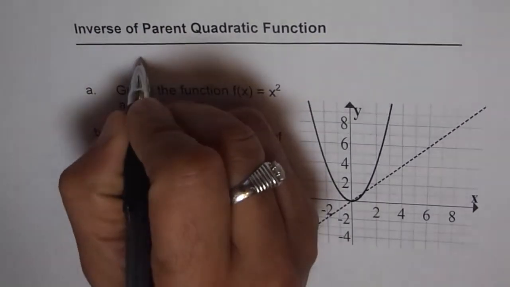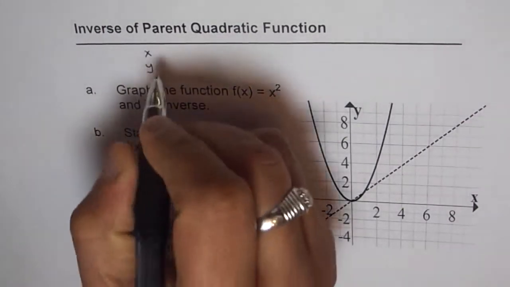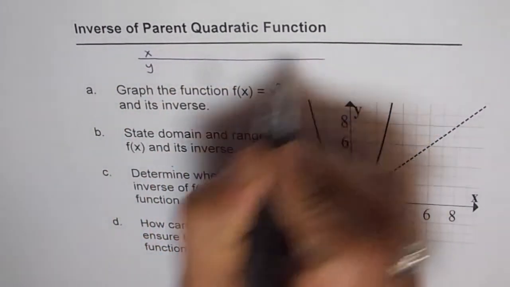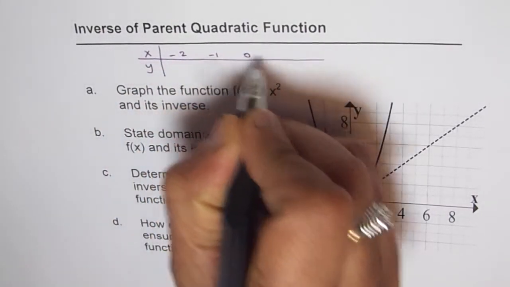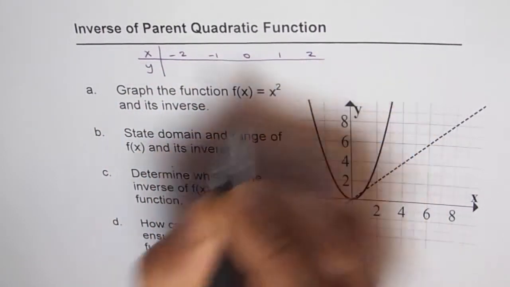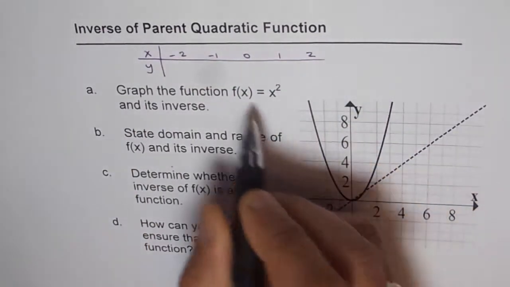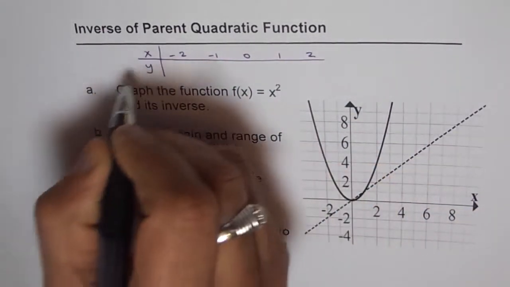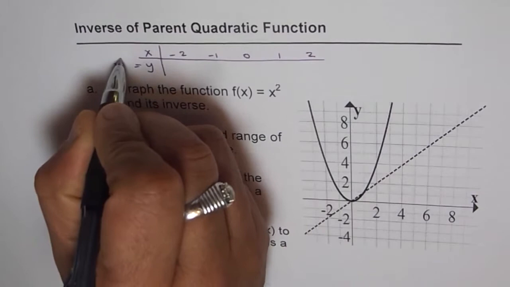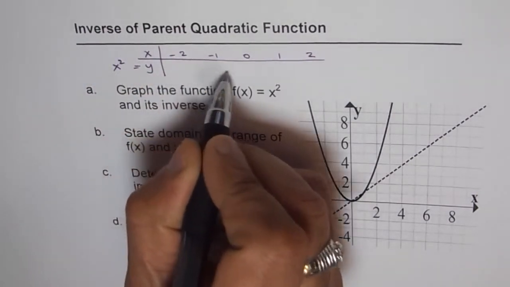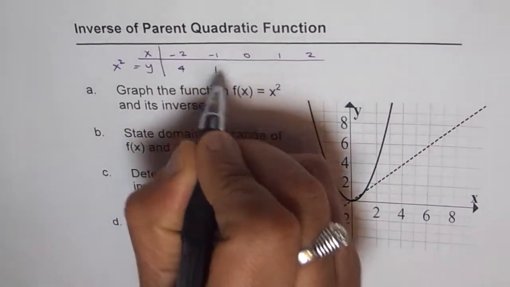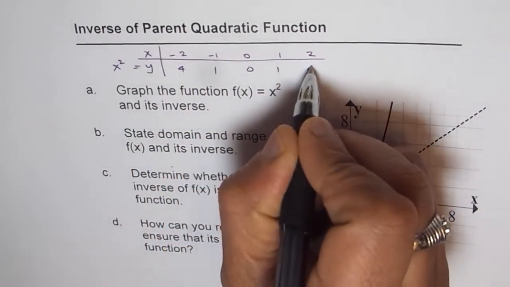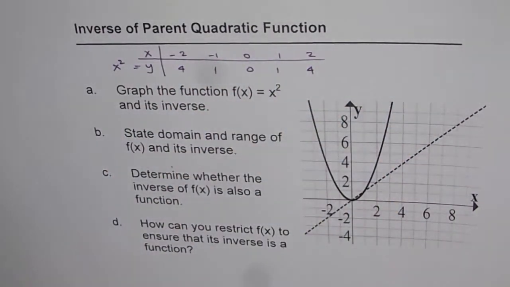Let's take x values of -2, -1, 0, 1 and 2. The function is y equals x squared, so we square these and write them down as the y values. The square of -2 is 4, then 1, 0, 1 and 4. So we get these coordinate points.